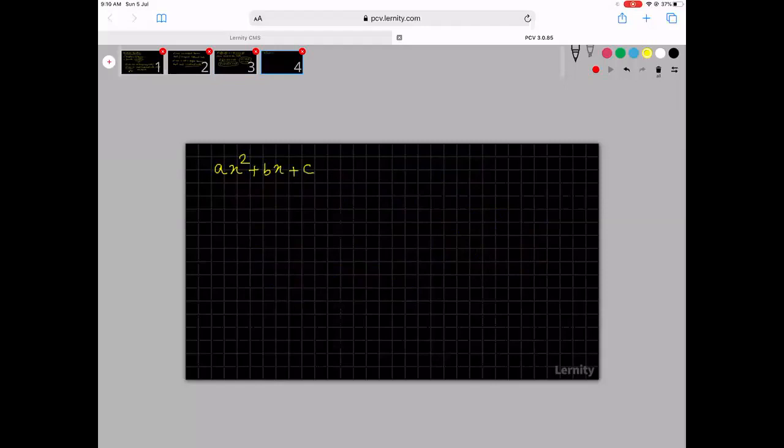If we have it this way, then I can say this is equal to a into x square plus b by a x plus c by a, and we can say this is equal to a into x minus alpha into x minus beta, where alpha and beta are the roots of the equation.